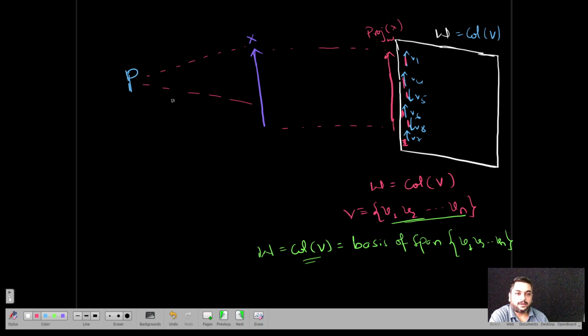So how will you calculate from this column space of V? How will you calculate this projection matrix so that this setup is formed? This is called the concept of projection. So technically that is what they are saying. Okay. So now how will you form this?